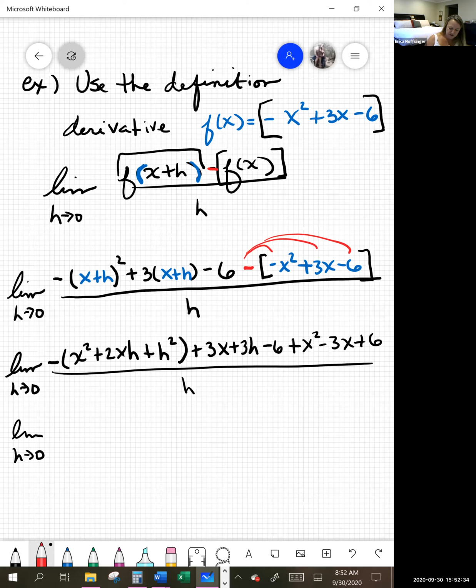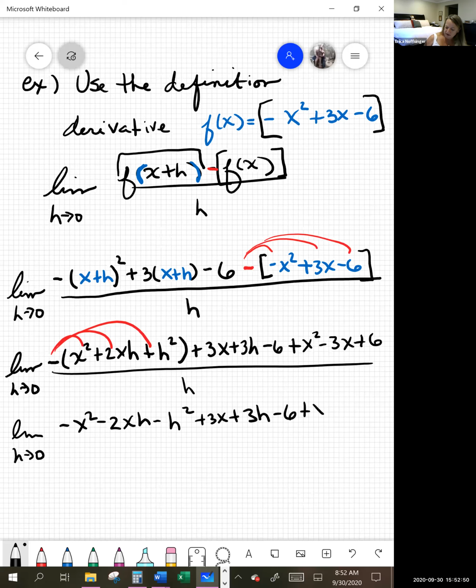We need to also distribute this negative. So we have a negative x squared minus 2xh minus h squared plus 3x plus 3h minus 6 plus x squared minus 3x plus 6.